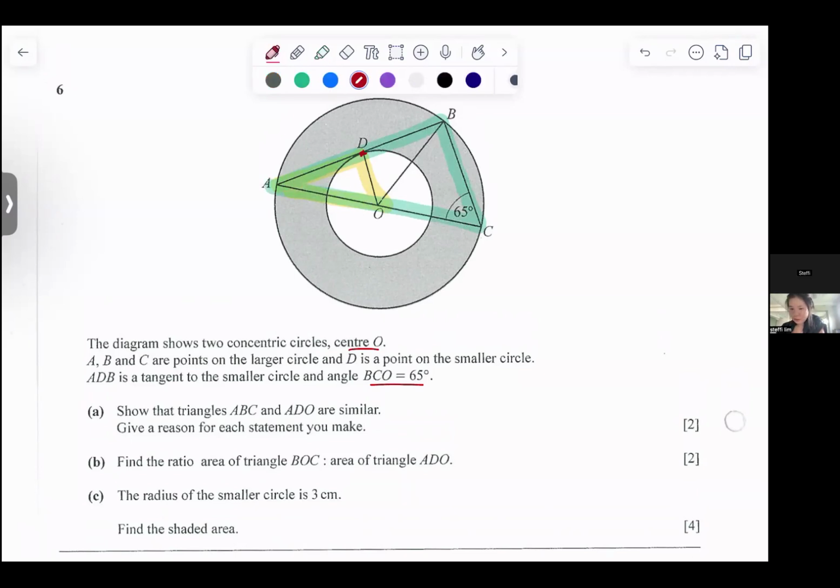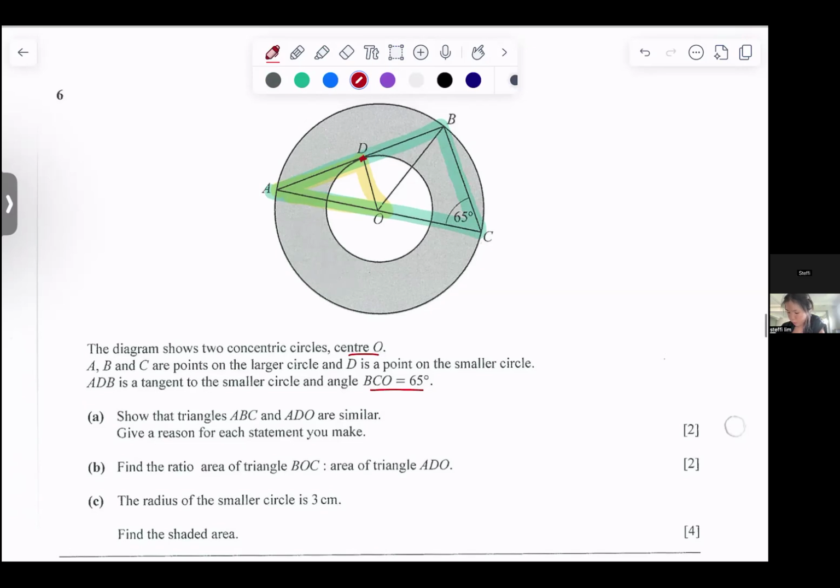So what is similar about them actually? They share one common angle. Can you see that? They share angle DAO, this red angle right here. And then you know that since ADB is a tangent, AD is perpendicular to OD, where OD is the radius of the small circle.